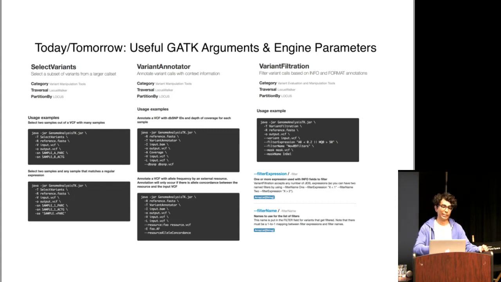In this next example, allele frequency. Alleles, it's a weird word, it's hard to say, it's hard to spell, are like, is it an A, is it a T, is it an AT, whatever. Those are alleles. So where are the frequencies of those things happening? Again, you can do this with variant annotator. You don't have to do this stuff with variant annotator, but I'm just showing you industry standards and best practices.